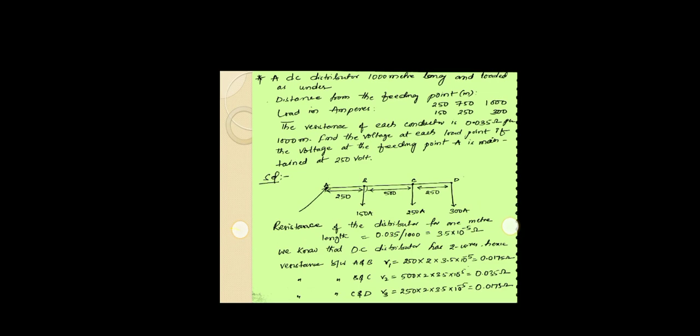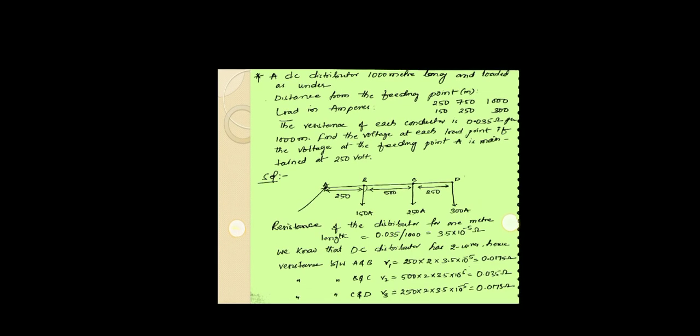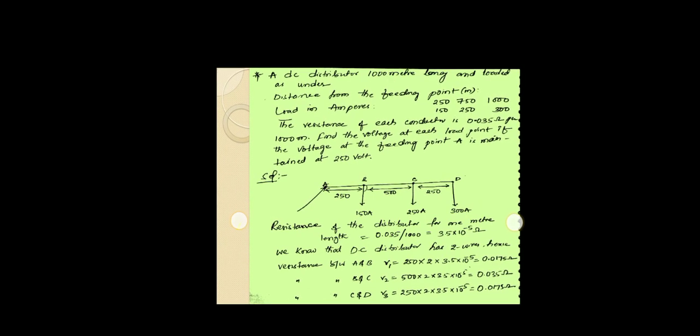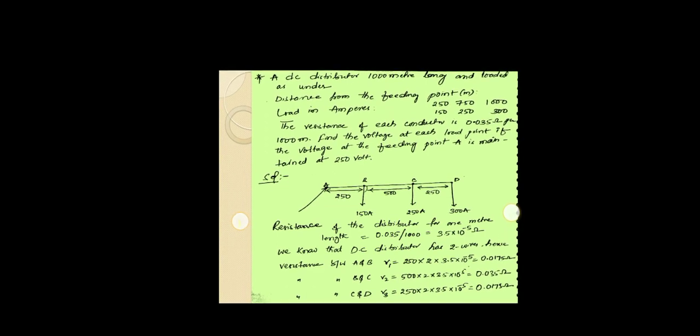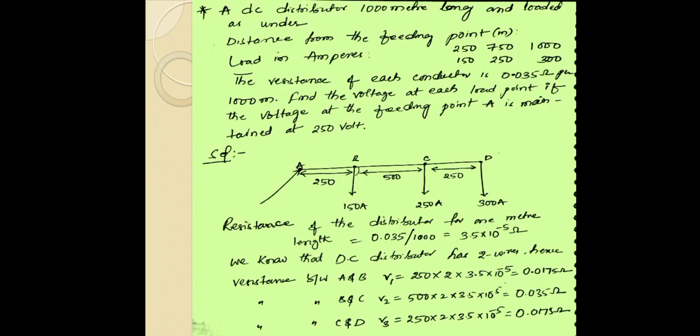Resistance between AB, R1, is equal to 250 into 2 into 3.5 into 10 to the power minus 5, which gives 0.0175 ohms. Like that we calculate for the BC section and the CD section. I calculated the values of resistance R1, R2, R3, you can check it.